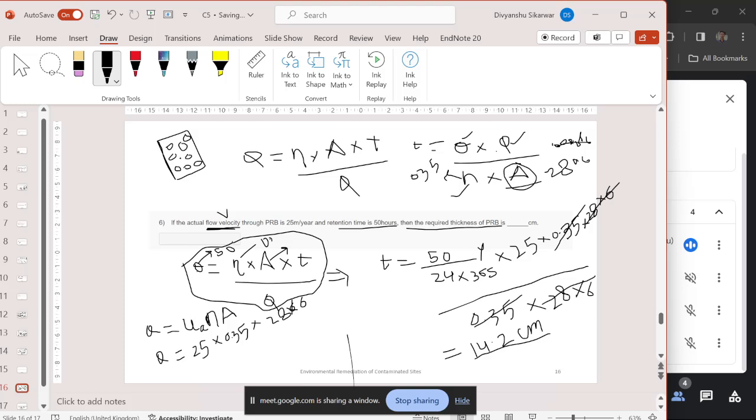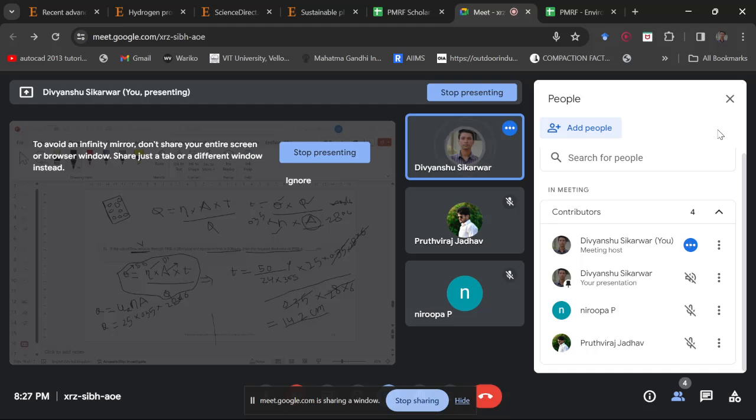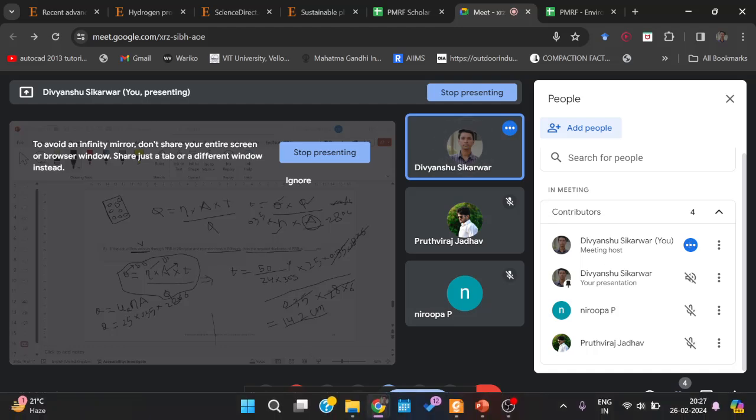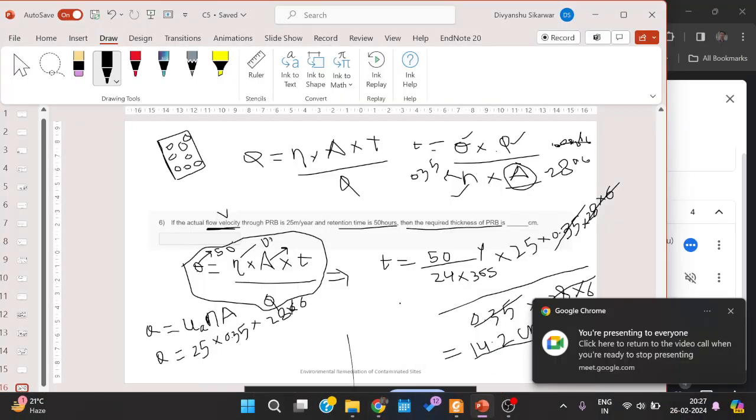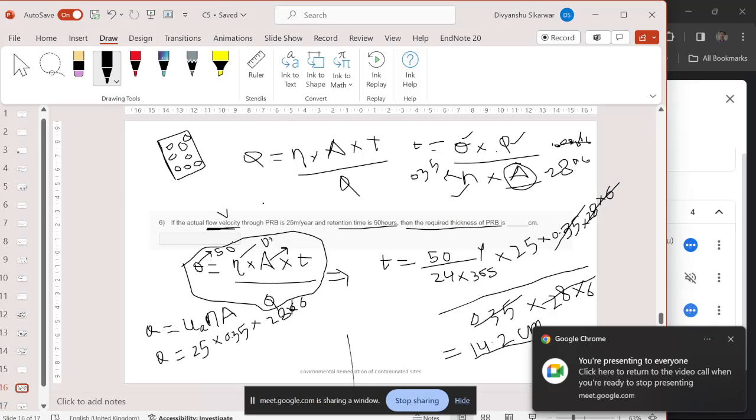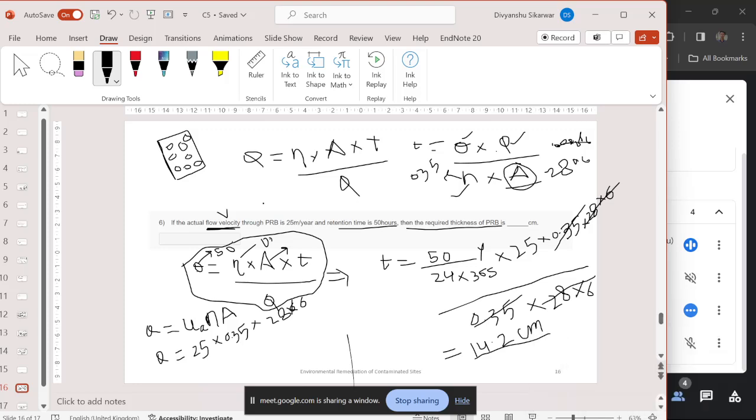But in the actual condition, where water is going through a particular soil media, is the velocity higher or lower compared to the theoretical Darcy's velocity? Seepage velocity will be higher. I am referring to actual velocity as seepage velocity.